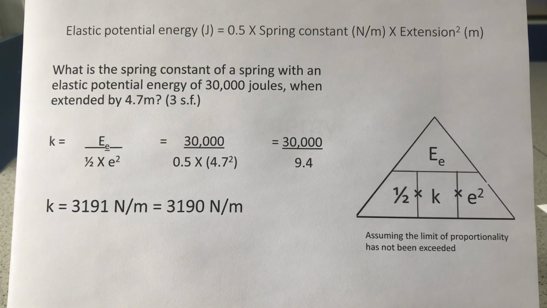And when I do that 30,000 divided by 9.4, I get a spring constant of 3,191 newtons per metre. I go back to the question and it asks for my answer to 3 significant figures. So I've changed my answer to 3,190 newtons per metre.